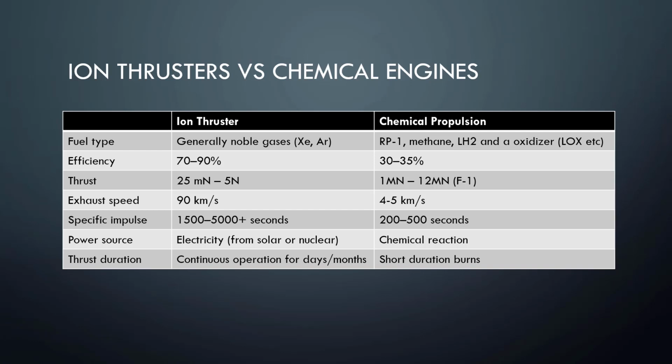In ion thrusters, the energy comes from electricity, whether from solar or nuclear, and in chemical propulsion, it comes from chemical reactions. Because ion thrusters are so efficient, they can run for days, weeks, and months, whereas chemical propulsion usually runs a couple of minutes at maximum.